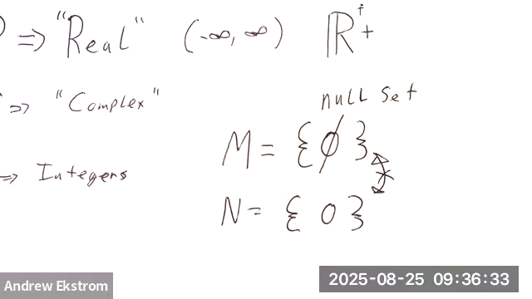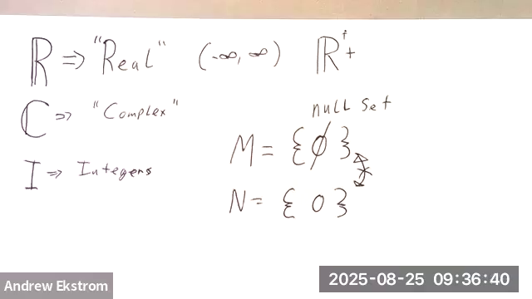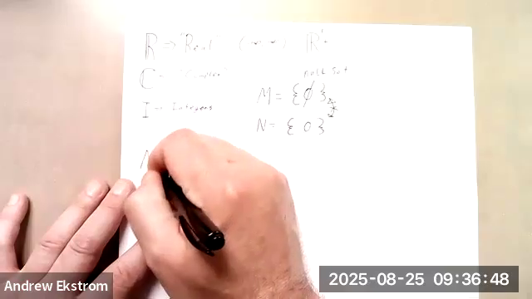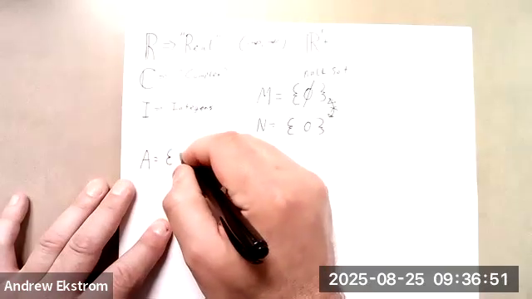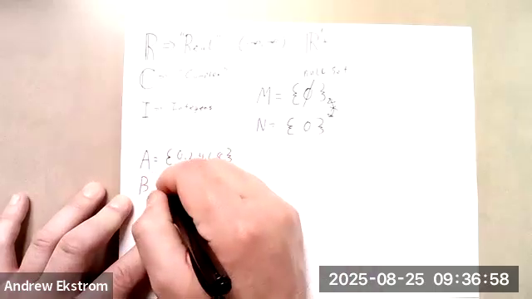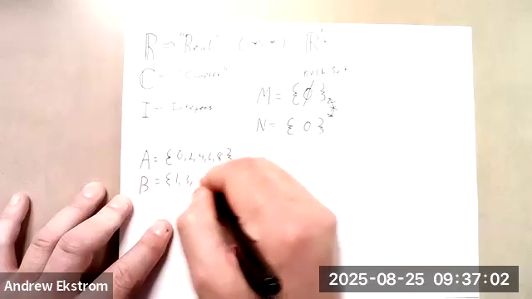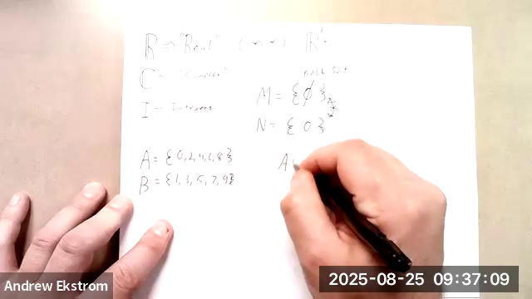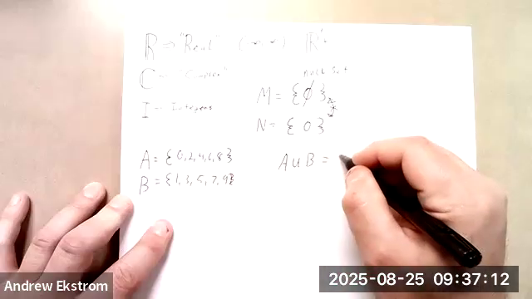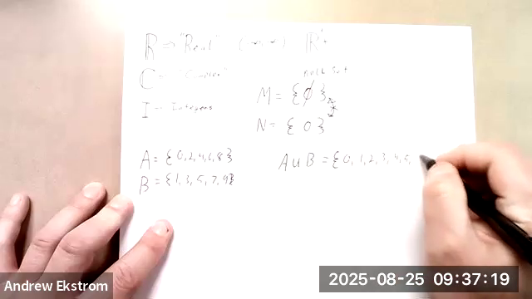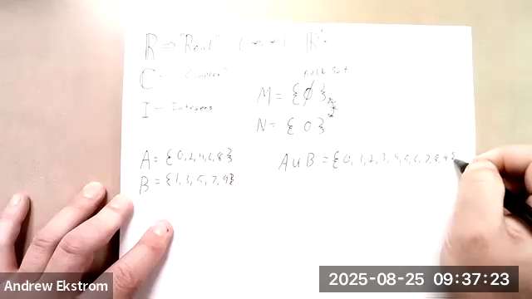As another example, if I say capital A is 0, 2, 4, 6, 8, and capital B is 1, 3, 5, 7, 9, A union B is going to be 0, 1, 2, 3, 4, 5, 6, 7, 8, 9.